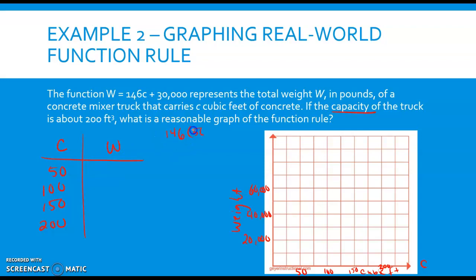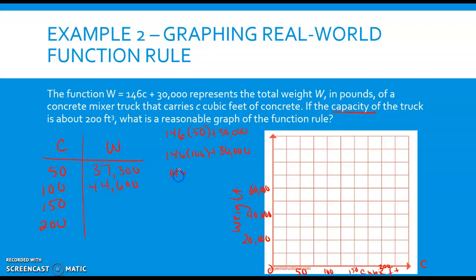146 times 50 plus 30,000. And when I plugged that into the calculator, I ended up with 37,300. And when I plug in 100, 146 times 100 plus 30,000, I end up with 44,600.